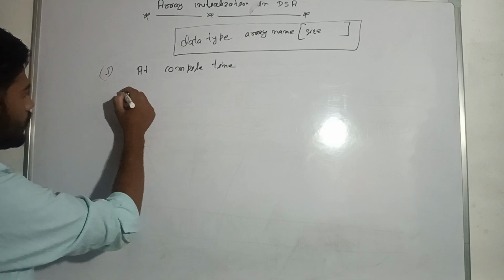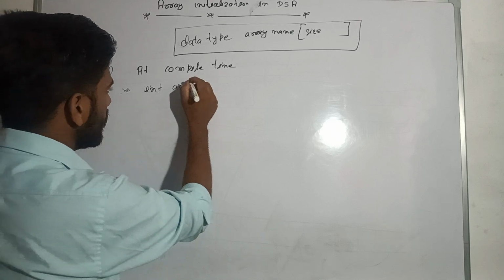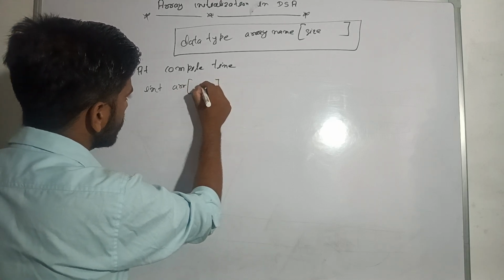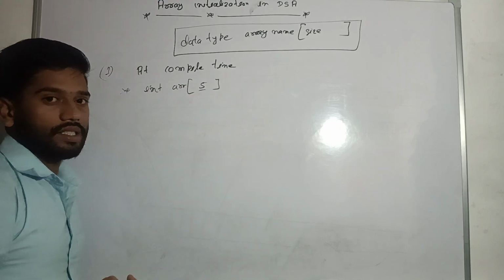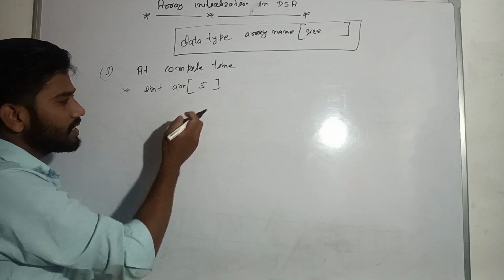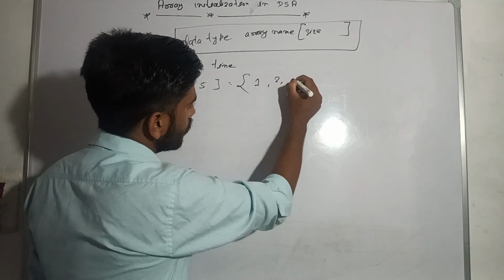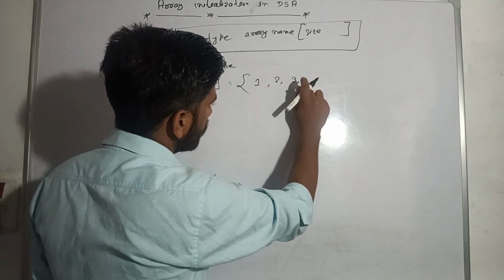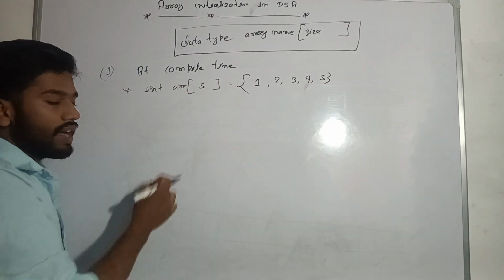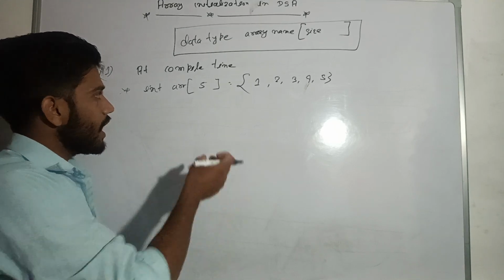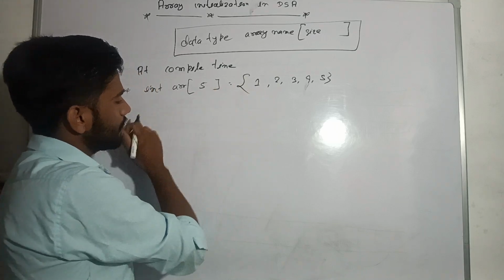Here, the first way to initialize an array is to declare the size. The size will be constant. If we declare the size as 5, with elements 1, 2, 3, 4, 5, then in memory it will reserve 5 locations for the array.